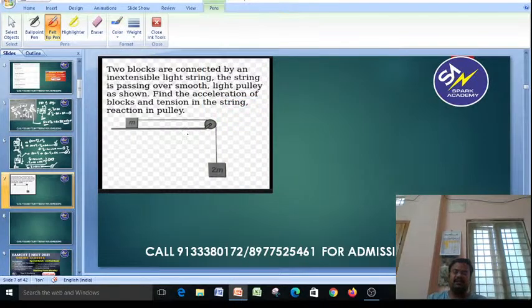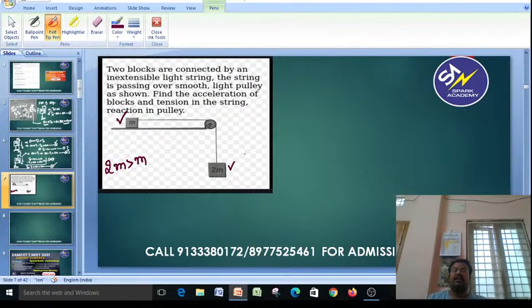Let us check how it exists. How do we have to consider the tensions in the string here? The tension always acts away from the block. Here only a single string was used. One end is connected to the M block and another end is connected to the 2M block. The 2M block is greater compared to the M block.